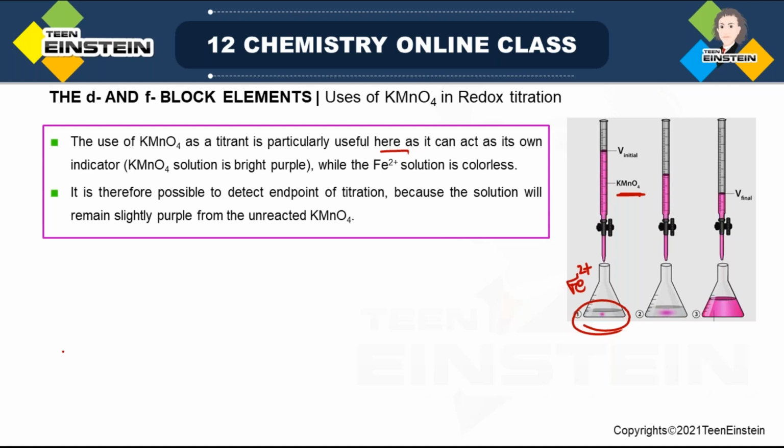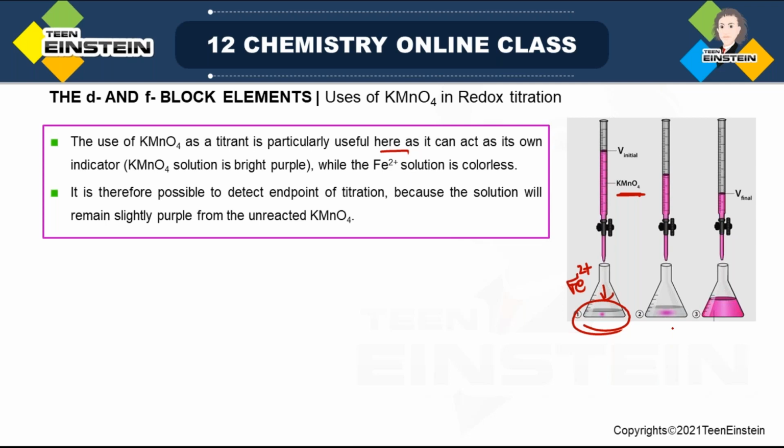But in this case you don't have to use any extra indicator, because KMnO4 already has a specific intense purple color. That means the KMnO4 that you are using comes drop-wise from the burette and falls here, right? But after some time it will lose its color. That means KMnO4 is already converted, reduced to some other species, so its purple color is no longer present.